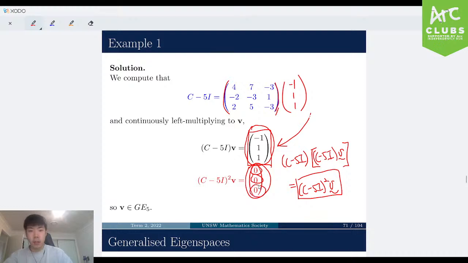And then the last value will be minus 2 plus 5 minus 3, which is again 0. All right, so we have confirmed that C minus 5I to some power, in this case 2, times our initial vector v gives us the zero vector, and so we conclude that v is part of the generalized eigenspace corresponding to lambda equals 5.